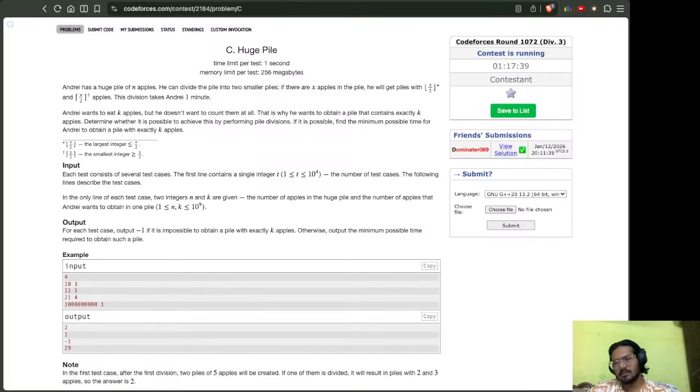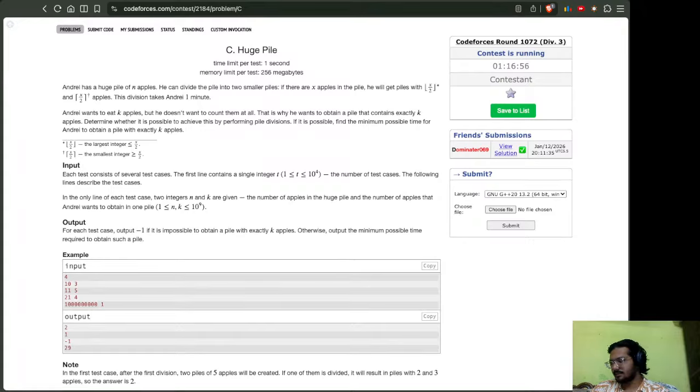We discard a pile if the half is not useful. See, 5 and 6, right? When we divide, if you don't want 6, there's no point moving with the 11 size pile, because dividing 6 will give 3 and 3, which is already available in both the 5 5 case and 2 3 2 3. So if we want a pile of size 3, it doesn't matter whether we choose the 11 or 10 pile. So we move forward greedily and check whatever option we have.